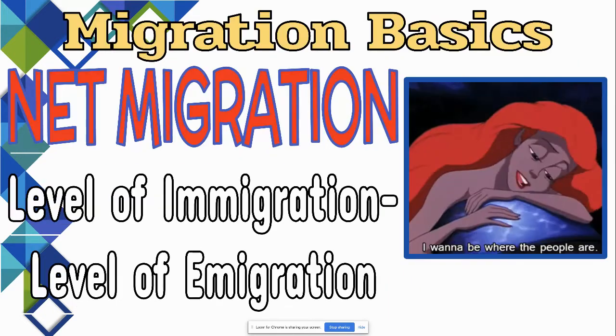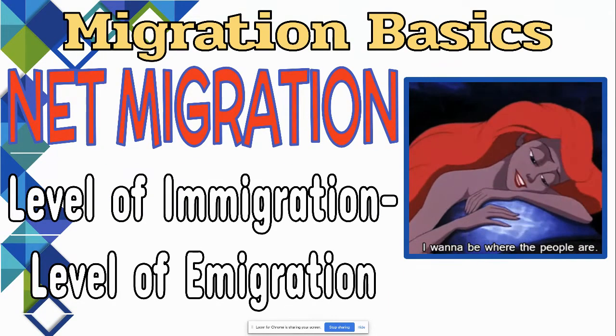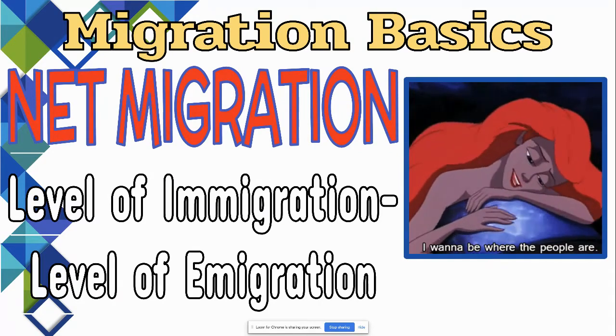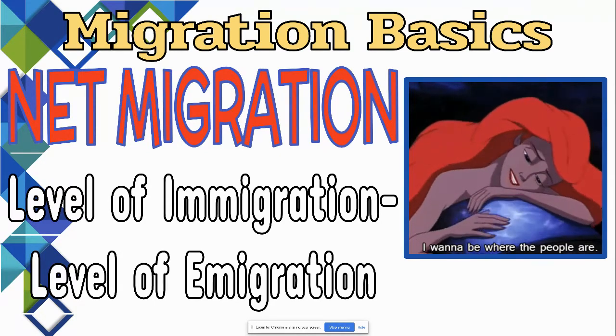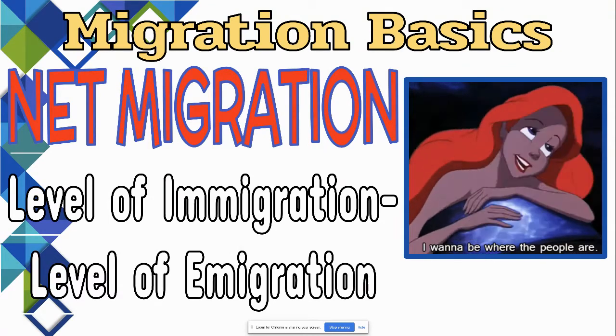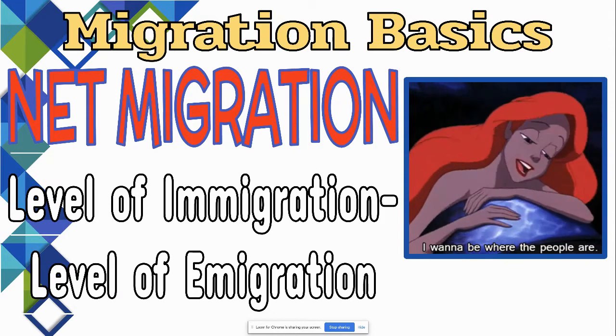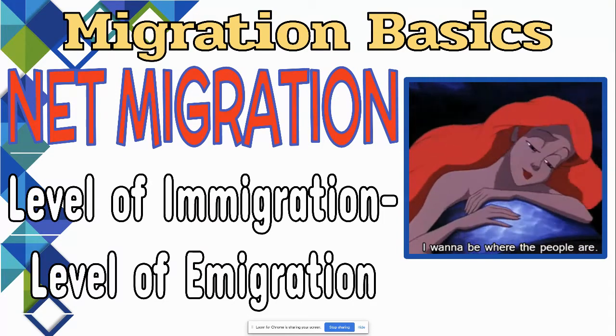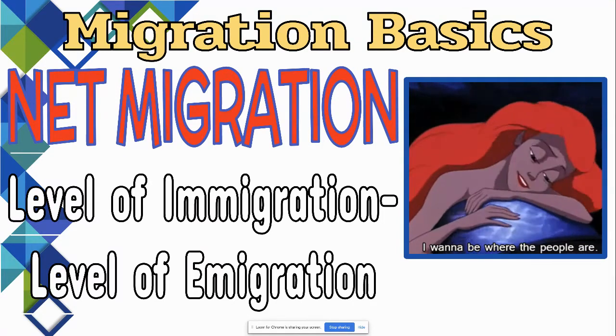All right, now let's get into the nitty gritty of some actual vocabulary. The first term I want to talk to you guys about is net migration. There's a couple ways that you can talk about this. The first way is the level of immigration minus the level of emigration. So I minus E, that's your net migration. Think about I as people coming into the country, subtracting the number of people that E, exit the country.